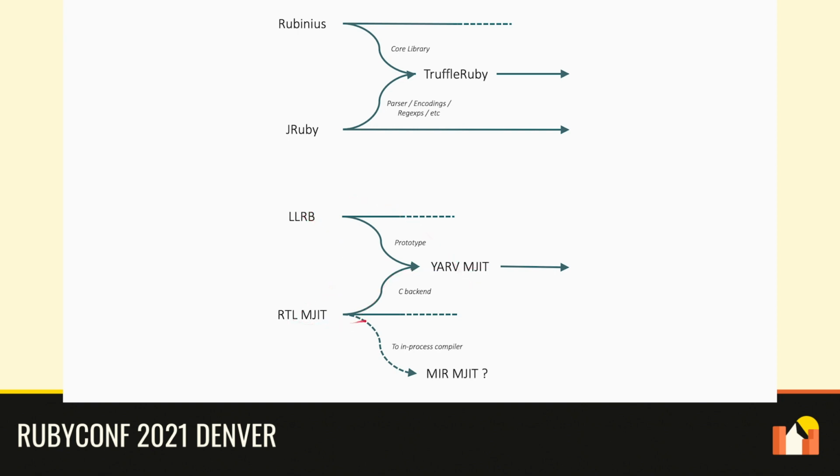LLRB and RTL MJIT are now discontinued, but the author of RTL MJIT is looking at building another just-in-time compiler with MRI possibly called Mir MJIT. He's implementing a new compiler system called Mir, which could be used to build a new compiler in MRI. So we have these family trees of these compilers, and they're connected as well.